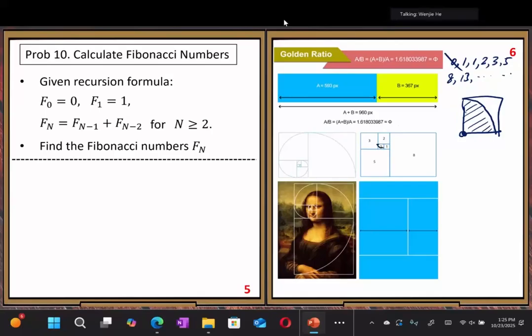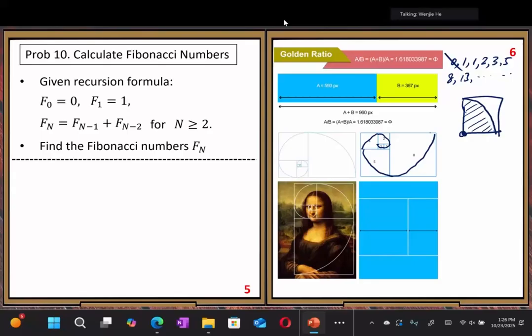The first one, then this quarter arc, quarter arc, and so on. Keep doing like this. When we extend the rectangle, we extend the curve joining all these quarter arcs, so we get a nice spiral curve. Looks pretty good.